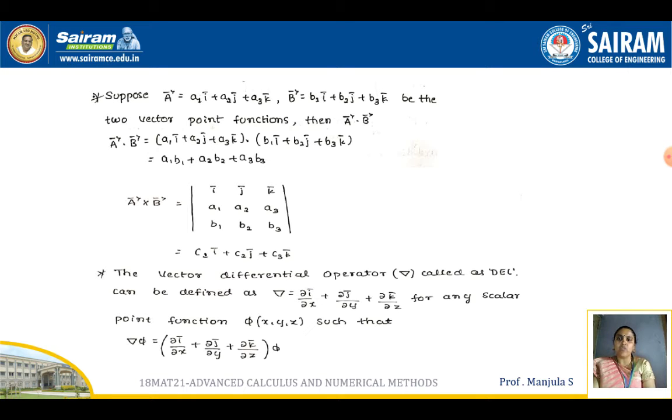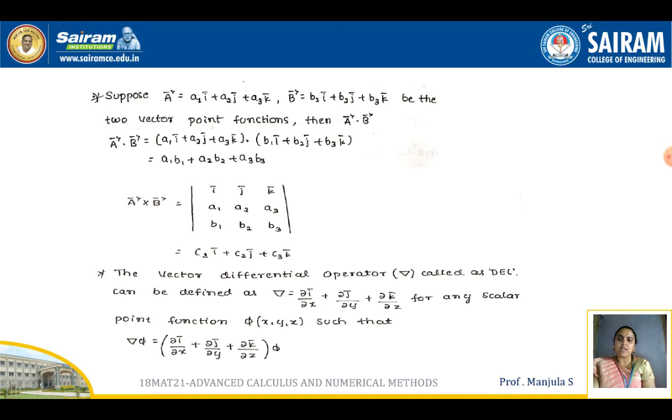Substitute the values: a1i plus a2j plus a3k, and vector B is b1i plus b2j plus b3k. On multiplication of these two vectors, the solution can be written as a1 b1 plus a2 b2 plus a3 b3. So here the value of A dot B is written.